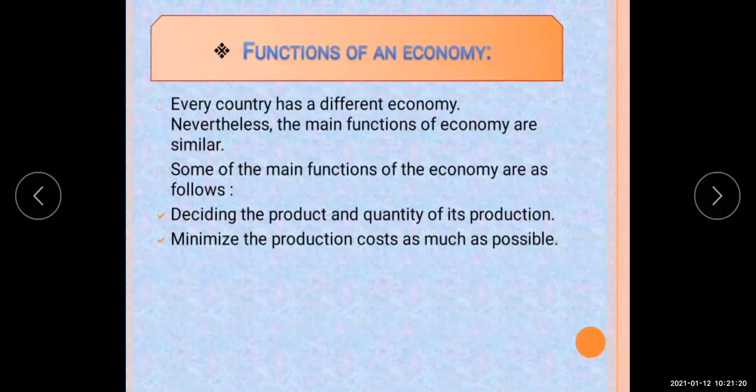So what I was telling you, the first point is deciding the product and quantity of its production. For this, we have to decide whether the product we are manufacturing is something the customers are ready to take, and whether the value of that product in society is high or low.